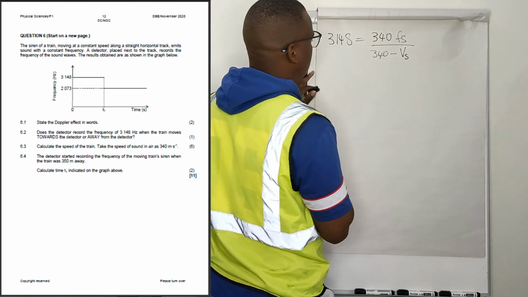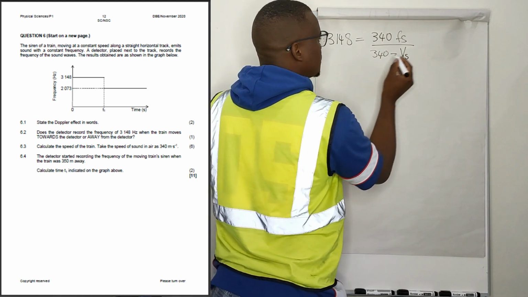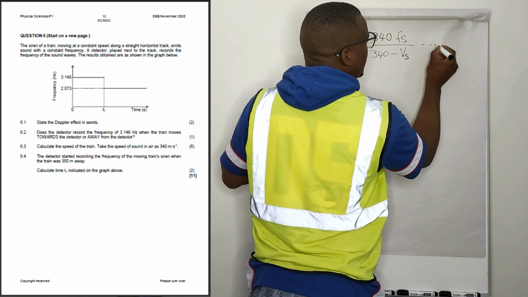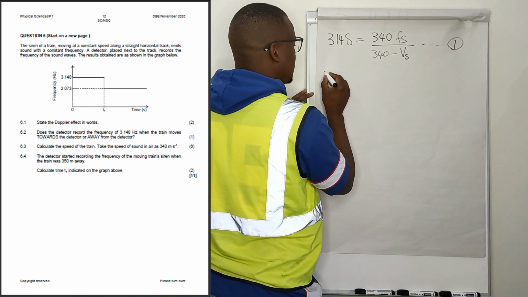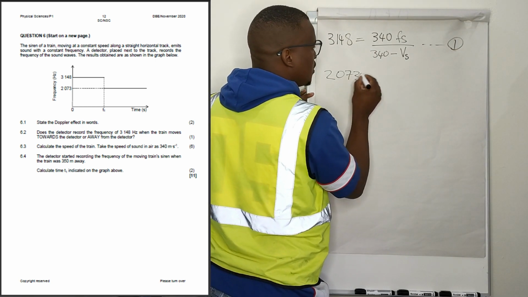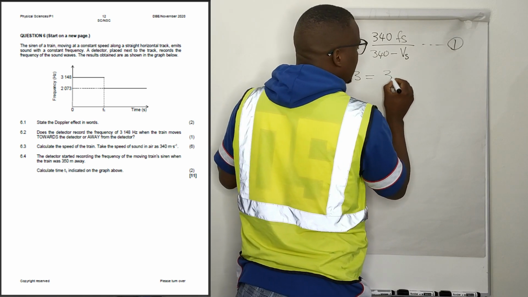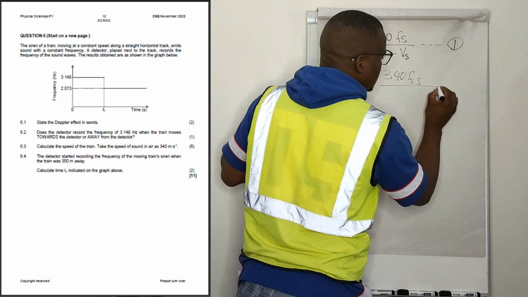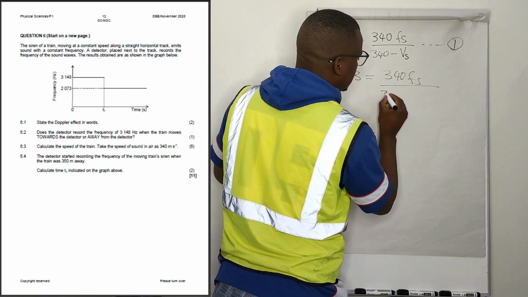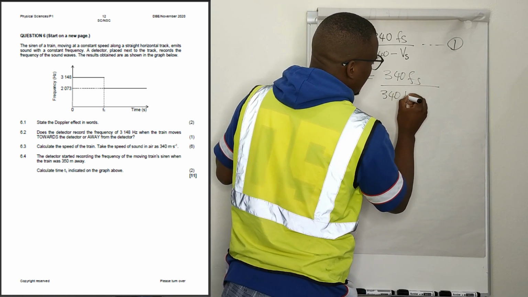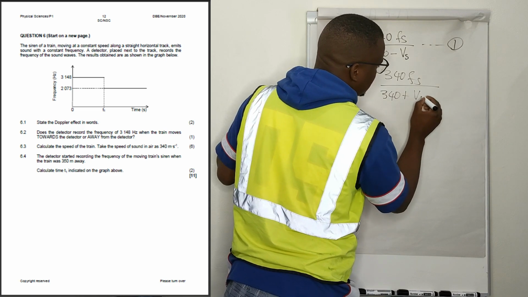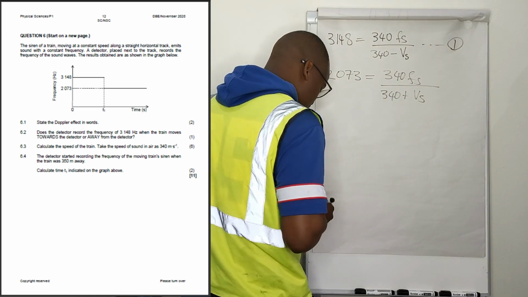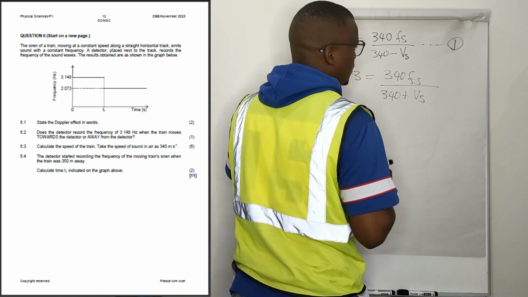This was the first equation. The second equation is 2073 is equal to 340 times Fs divided by 340 plus velocity of a source. This is your second equation.